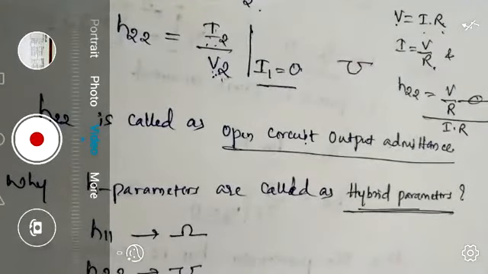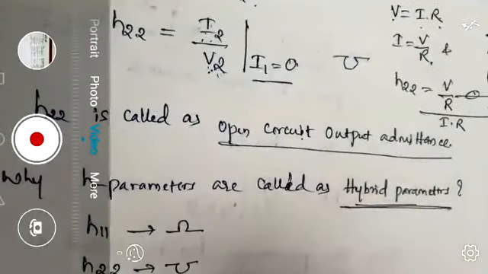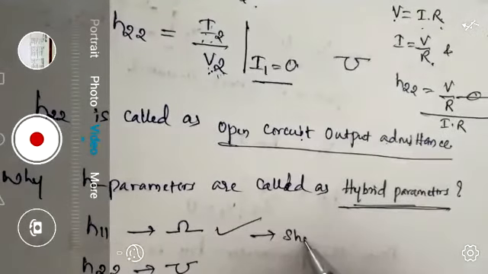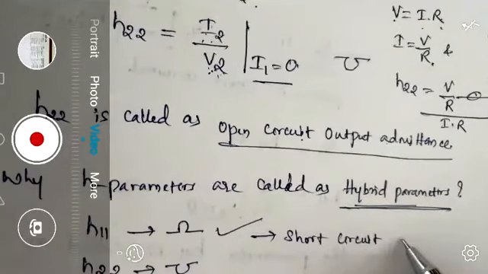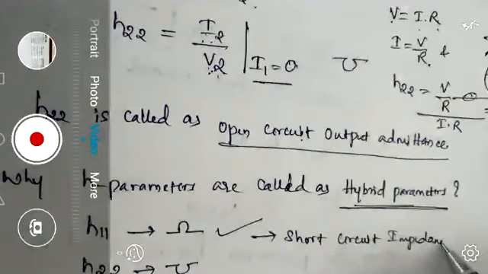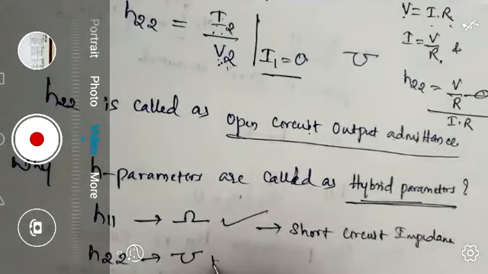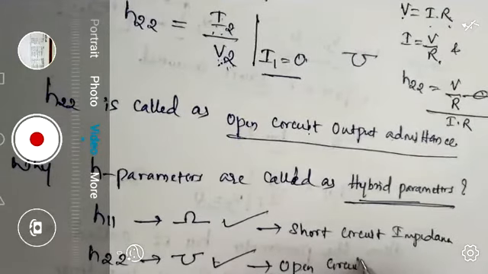So all the parameters have different units, such as ohm for short circuit impedance, and mho for open circuit admittance.